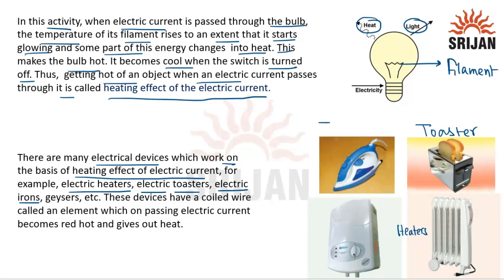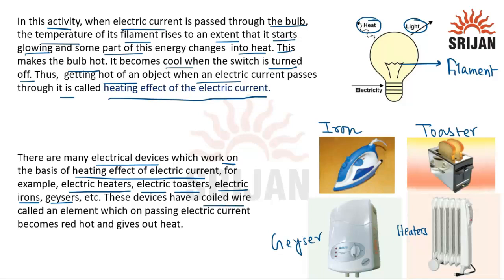We know that this is electric iron that also uses the heating effect of electric current. Geyser. Geyser is an appliance that is used to make hot water, especially in case of winters. Geyser is also an example of heating effect of electric current. It uses the electric current and the heat produced is to increase the temperature of the water in winter.